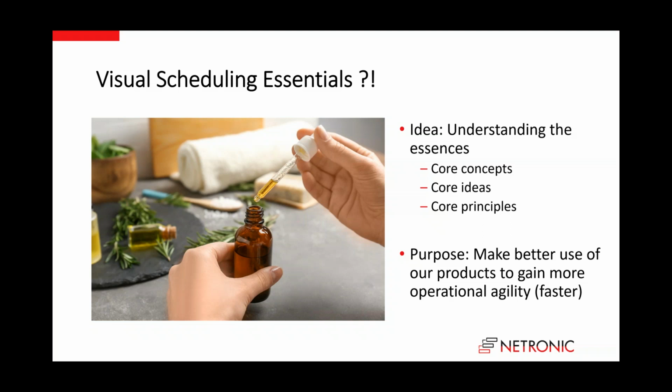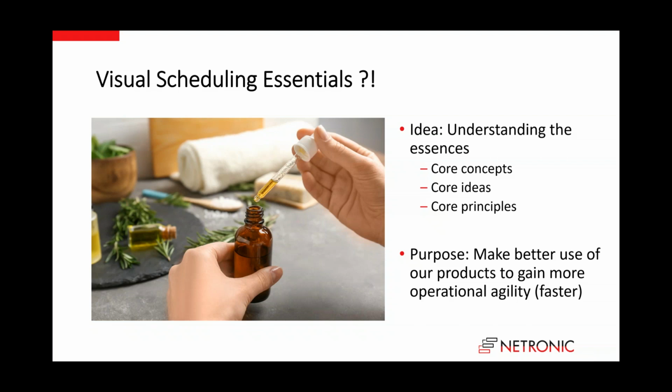But some of the essences really make a difference to the respective products. Like here with the essence that I have in here, this little drip may change the entire product. So some of the essences are really fundamental for the overall product.